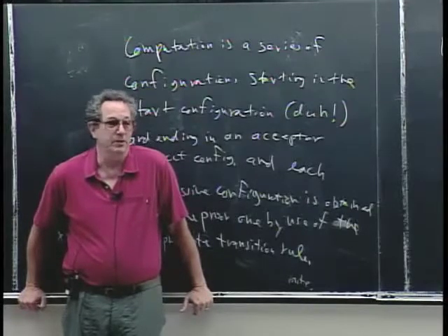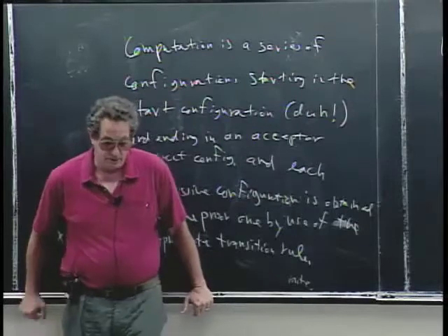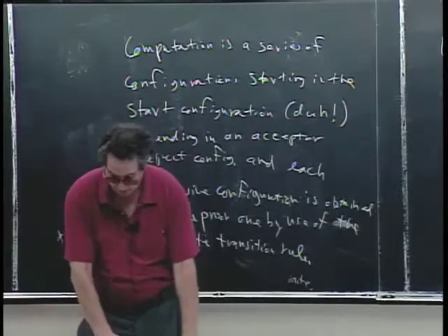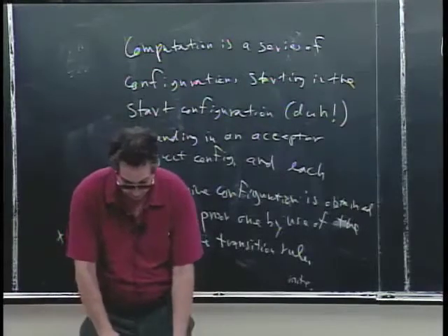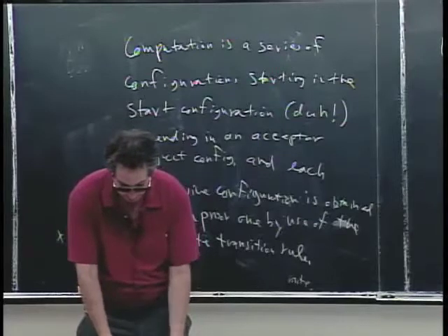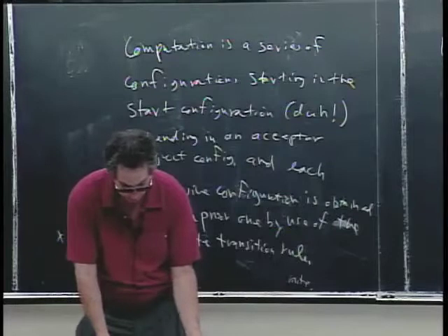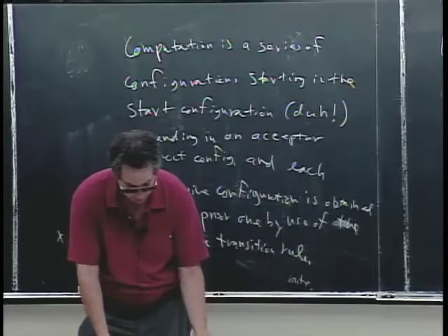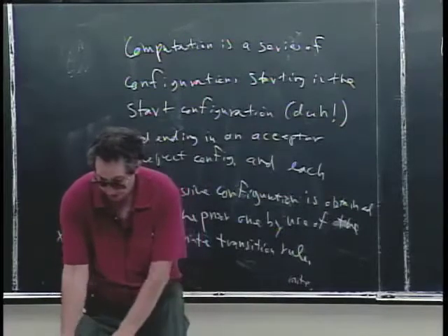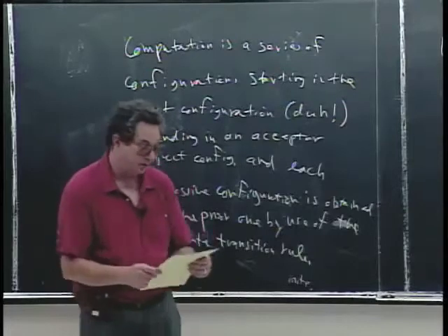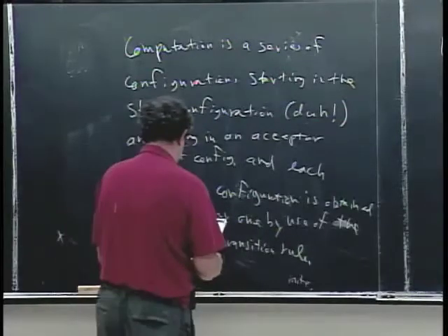You should be able to design one like that without too much thought at this point. So we need some language to talk about that possibility, to distinguish those computations that terminate and those computations that don't.